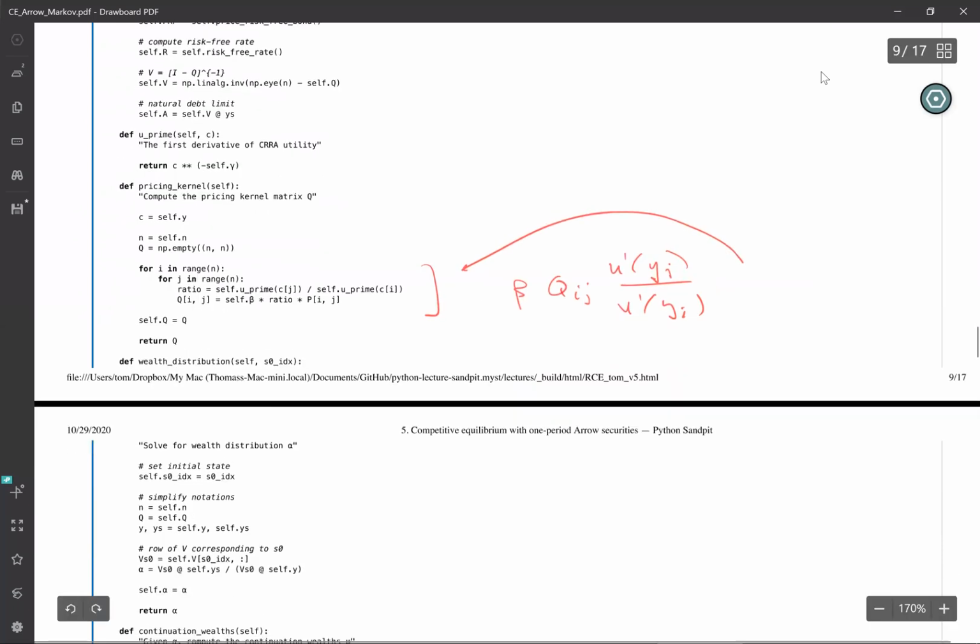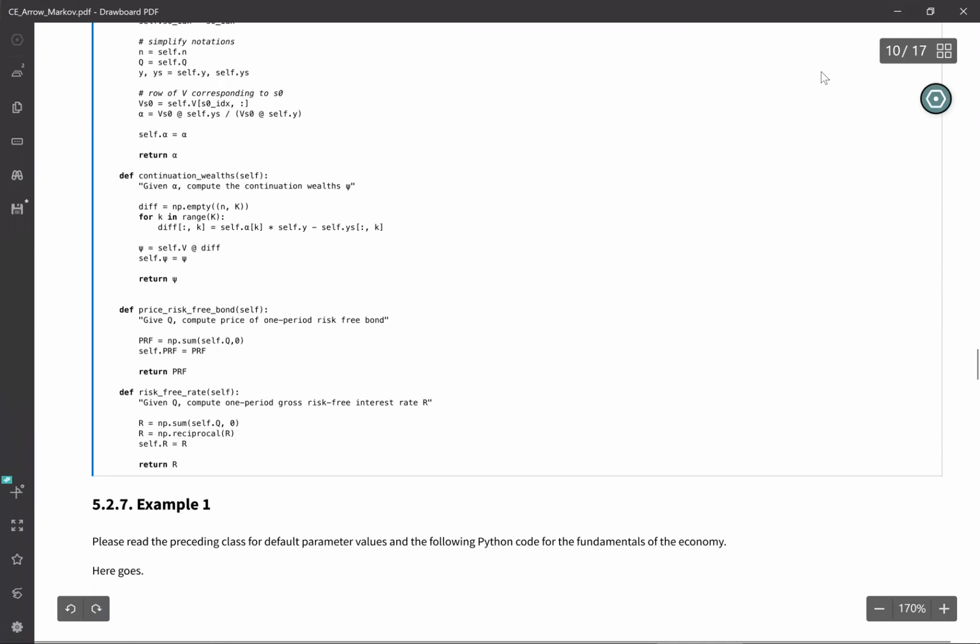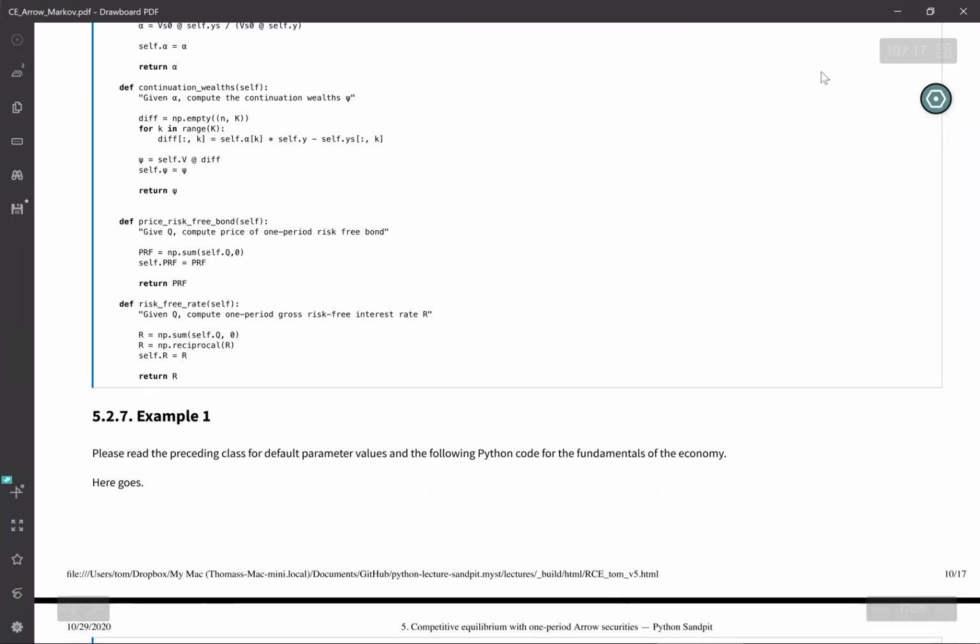So we've written this, and what we're going to do next is construct some examples of economies.